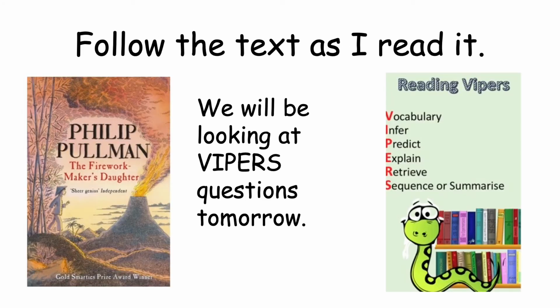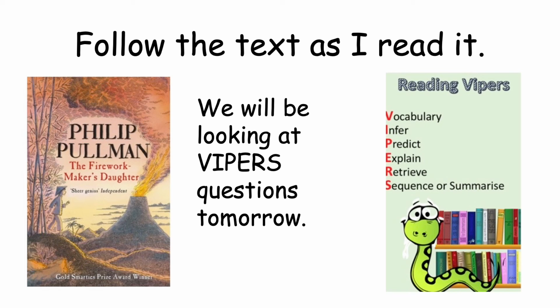So, as I read the text, and I hope I've got it right, because I've found it online, I would like you to follow and then complete reading the first chapter. And then tomorrow you're going to be looking at a couple of questions from our Reading Vipers, which we have done all year, so you should know how to answer the questions.